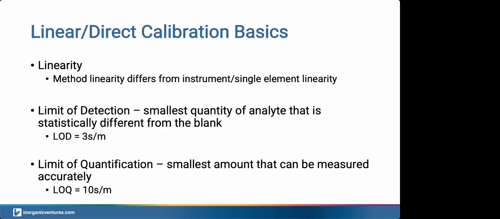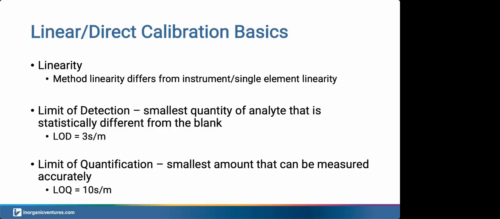The limit of detection is defined as the smallest quantity of analyte that is statistically different from the blank. This is calculated as 3 times the signal-to-noise ratio, or 3 times the standard deviation of the blank divided by the slope of the calibration curve. The limit of quantification is defined as the smallest amount that can be measured accurately.